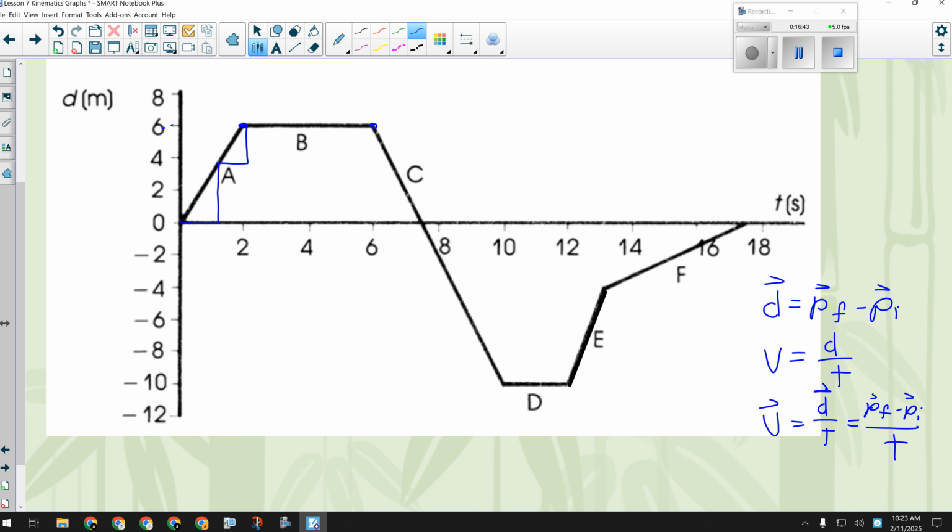What's the total distance traveled here? Remembering that distance is scalar and tells us how far we have traveled in total.